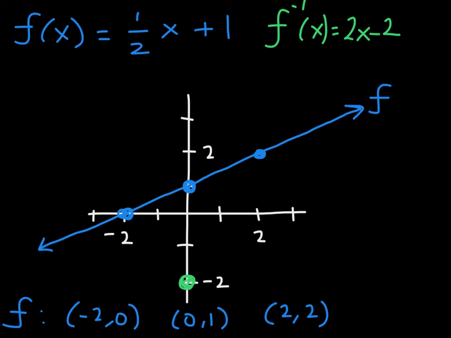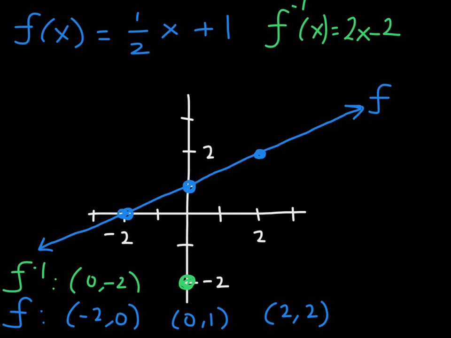So if this point here is on the graph of f, all I have to do is swap these coordinates to get this point that's on f inverse. F inverse will have the points 0, -2. Let's go ahead and swap these two coordinates to get the point that is on f inverse.